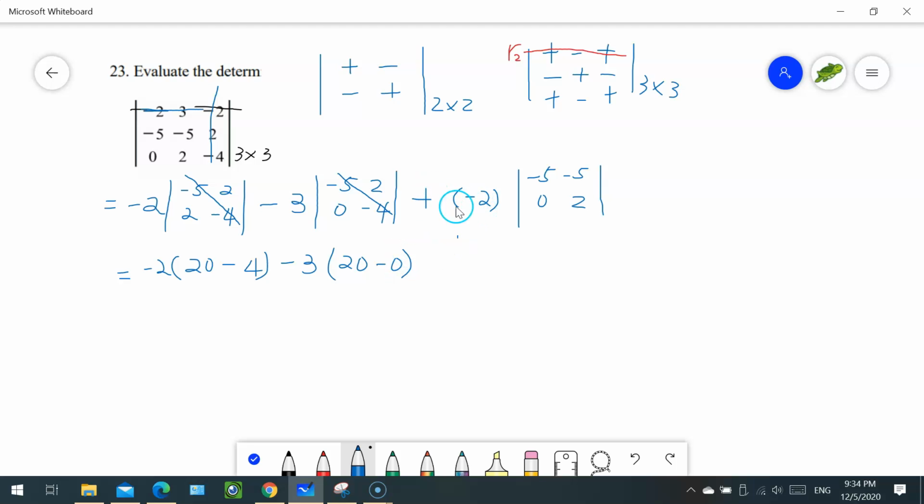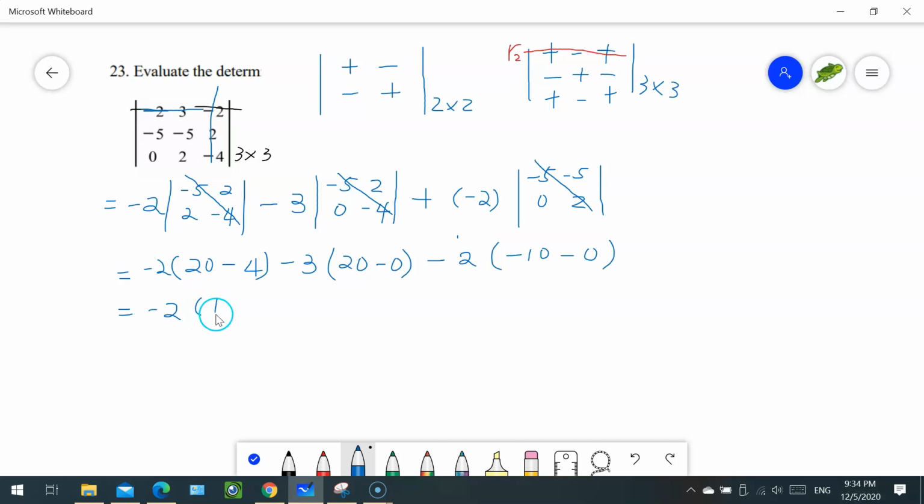The next term, because it's a double sign here, when I convert these two signs, it turns to a negative value. So I put a 2 here. Now multiply these two, you get negative 10 minus 0, because 0 multiplied by any number stays 0. Now we clean up.